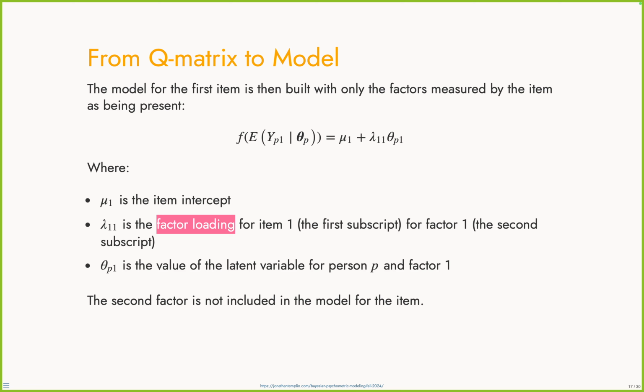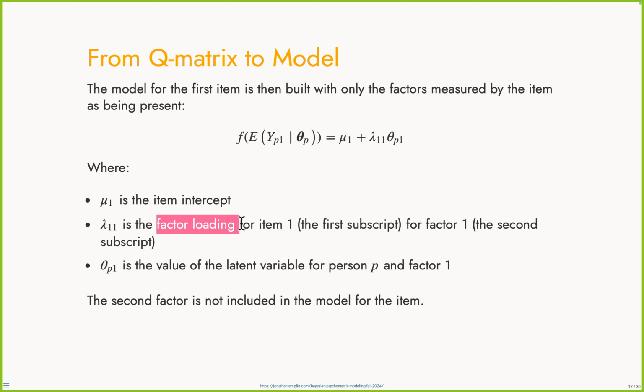But factor loading and discrimination are synonyms. They mean the same thing. Another term for this you might call a main effect. In the diagnostic model literature, we would refer to this as a main effect, usually referring to our latent variable as being discrete, like analysis of variance might be. But what you will hear from me when I say factor loading, if you're used to item response theory, translate that to discrimination.